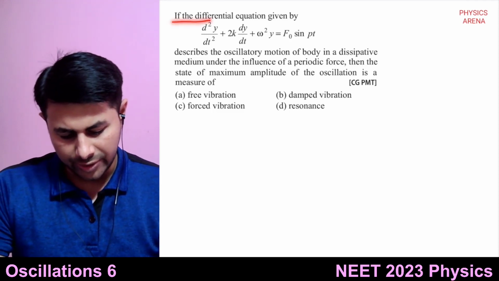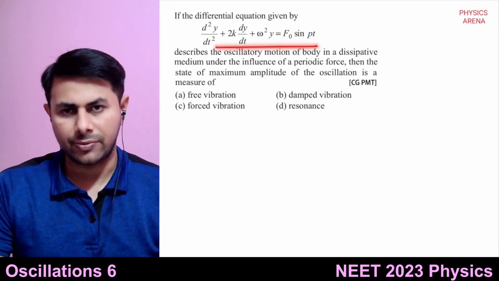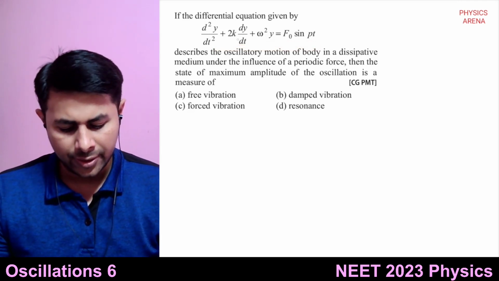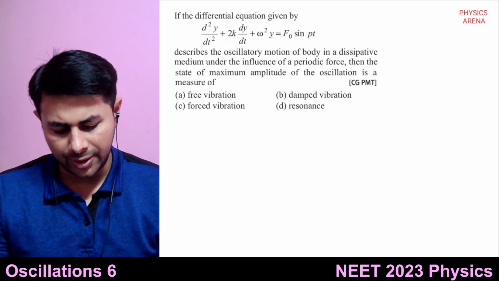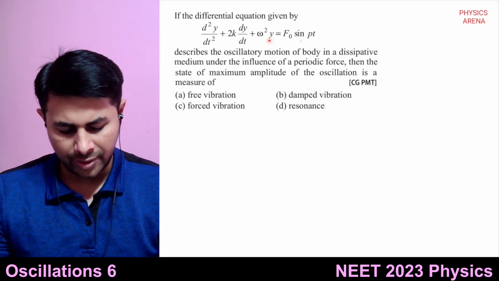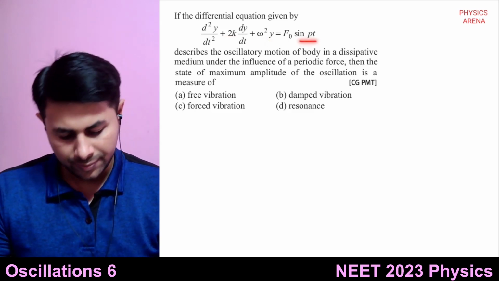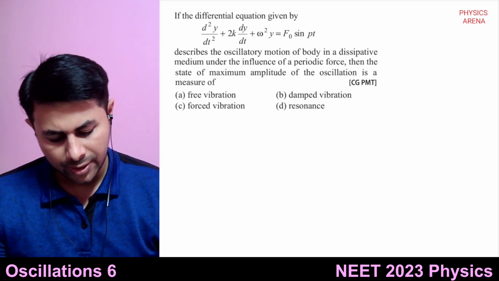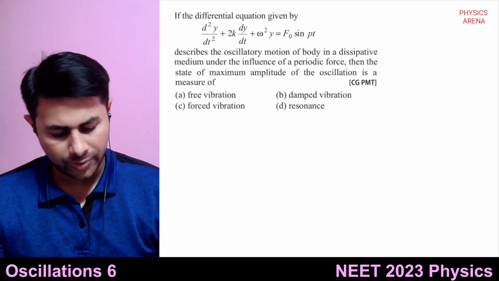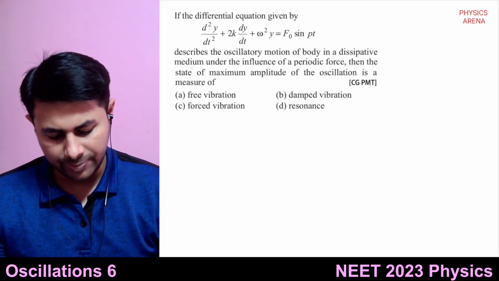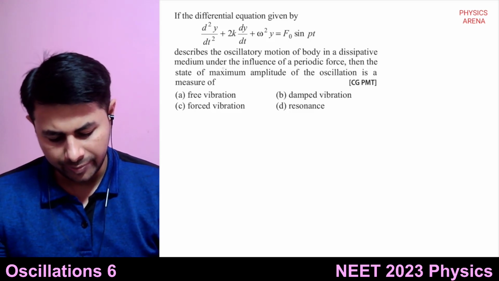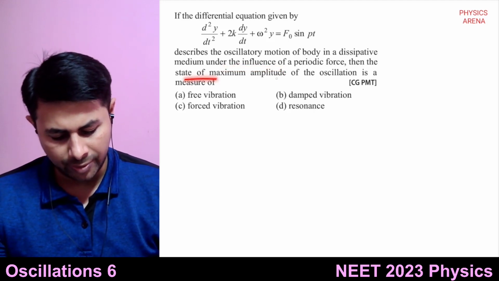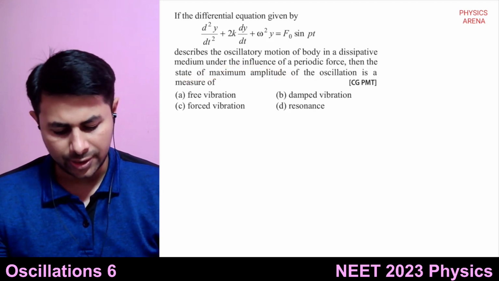If the differential equation is given by d2y by dt square plus 2k dy by dt plus omega square y equals to f naught sine pt, describes the oscillatory motion of a body in dissipative medium under the influence of periodic force, then the state of maximum amplitude of oscillation is a measure of.